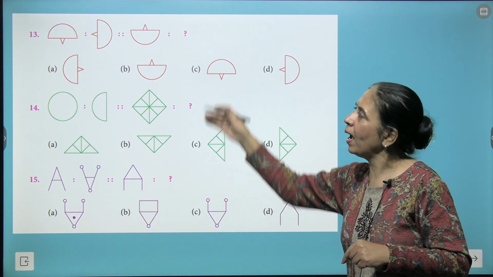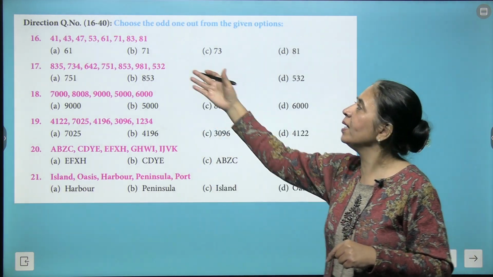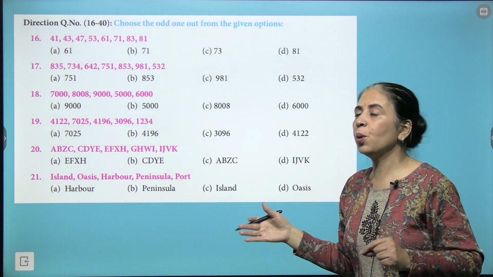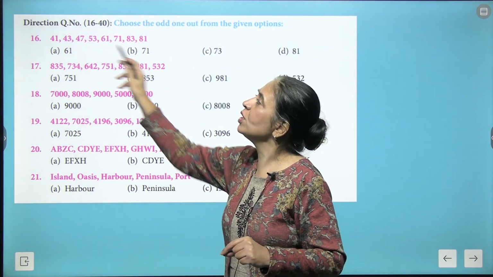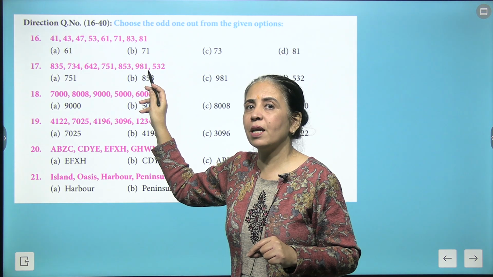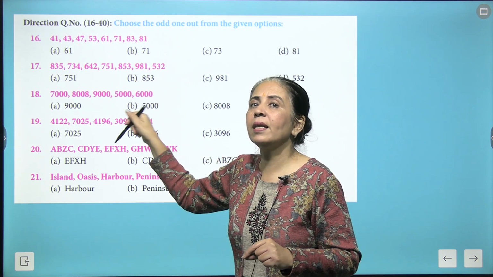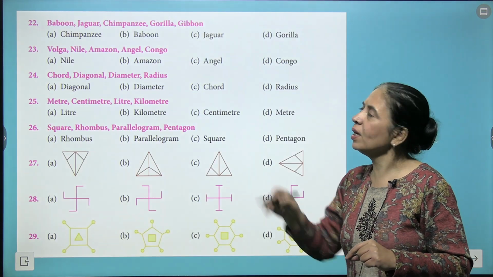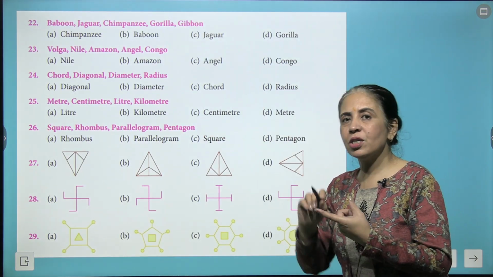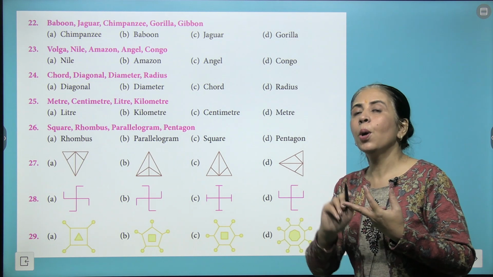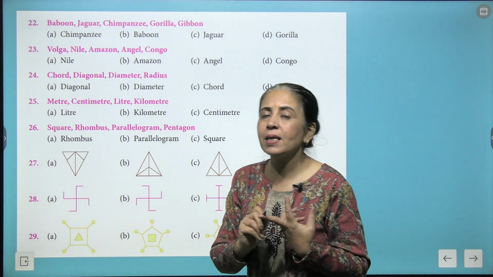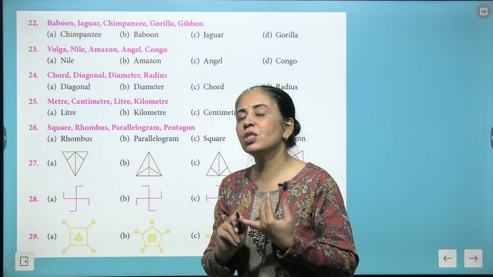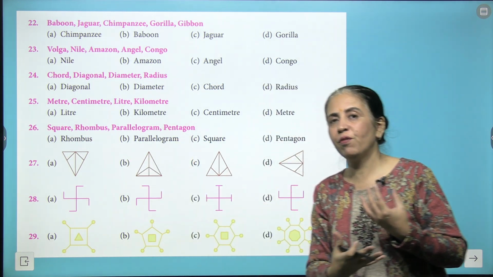Moving further, we have more questions related to numbers, where you have to choose which number is not following a certain pattern, and then that number will be the odd one out. So just do a little brainstorming. Questions related to numbers are there, questions related to alphabets are there, and even questions where we have different words.